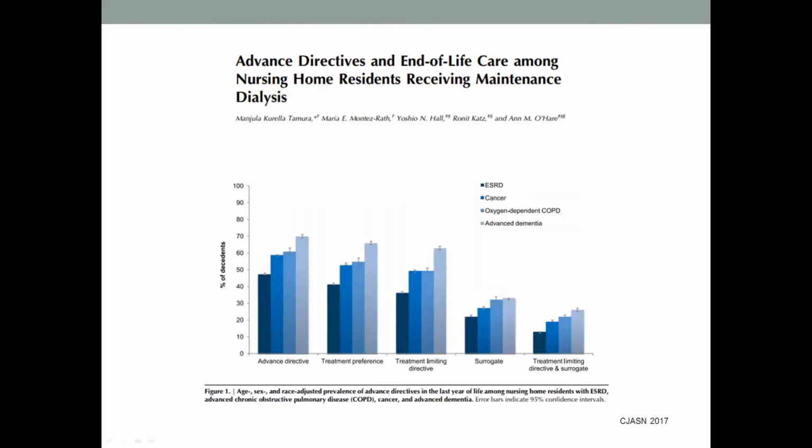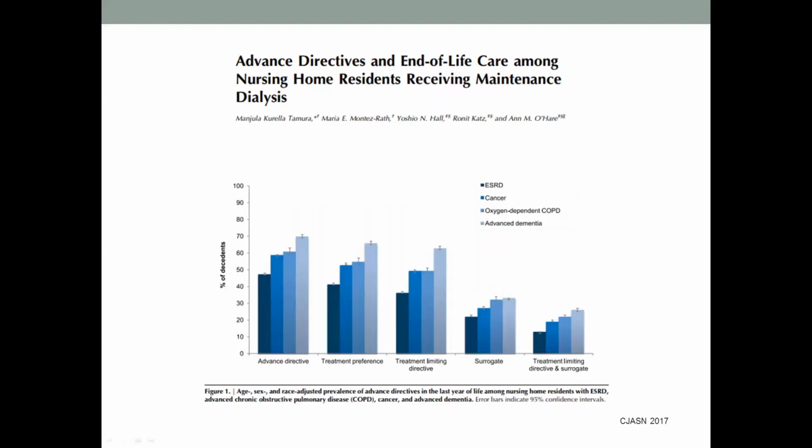When we also look at advanced directives for nursing home residents who are receiving maintenance dialysis, we see a similar kind of pattern where arguably these conversations aren't happening, or the quality of these conversations is not great. So in the dark blue bar, these represent end-stage kidney disease patients. The slightly lighter blue, cancer, and then the slightly lighter blue after that, oxygen-dependent COPD, so advanced COPD, and then the lightest blue, advanced dementia.